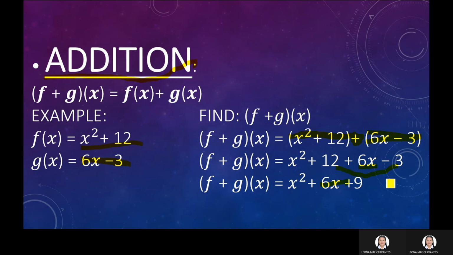Okay? So f plus g of x, if the value of f of x is x squared plus 12 and g of x is equal to 6x minus 3, then f plus g of x is equal to x squared plus 6x plus 9. Okay?